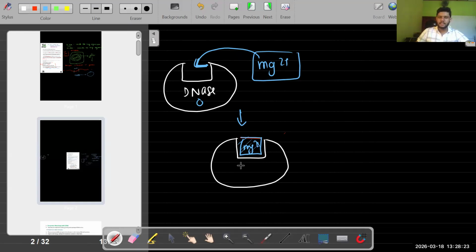Now, what is the charge of the complete complex? Let me know in the chat. Plus 2, exactly. You know that opposite poles attract. So here a plus charge is present. It will be attracting what type of charge? Negative charge, right?